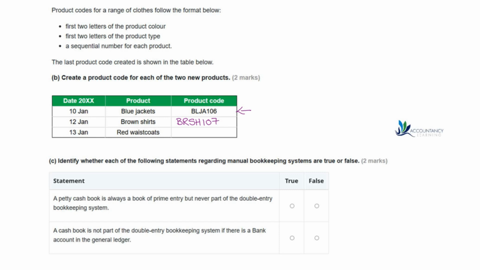And then for red waistcoats, RE for red, WA for waistcoats, and 108 for the sequential number. When you're doing these questions, do remember to read the format carefully and follow the process that you're given.